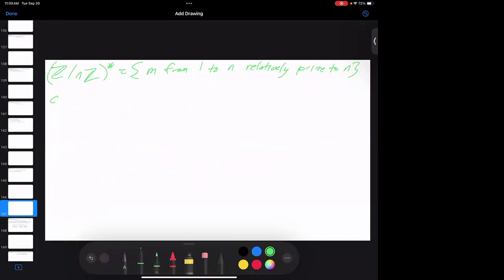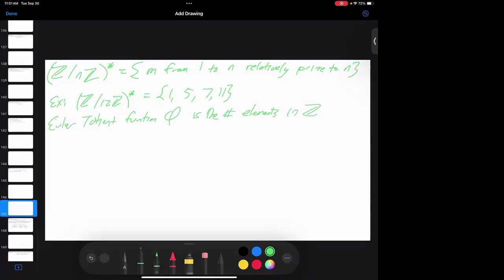So for example, Z mod 12Z star is our favorite: 1, 5, 7, 11. The number of elements in that set is, one, two, three, four.